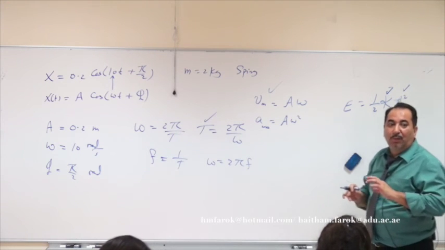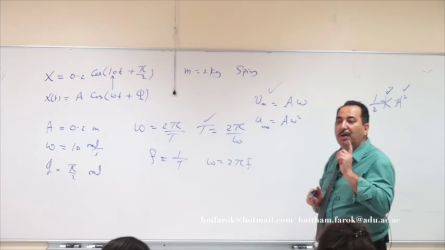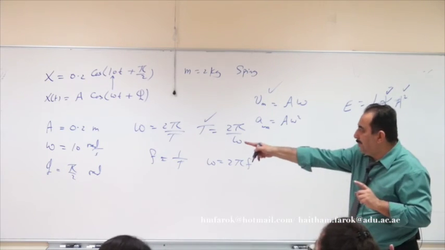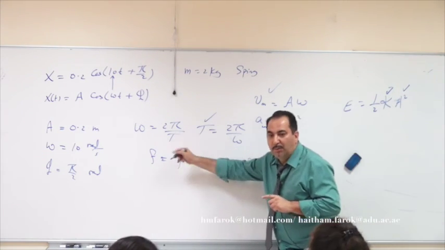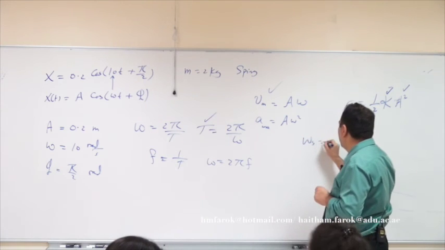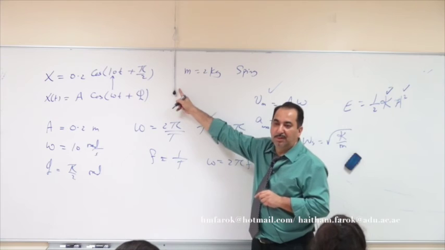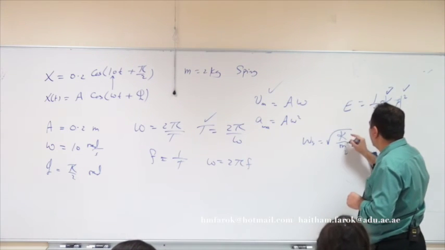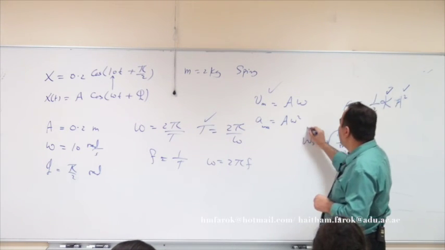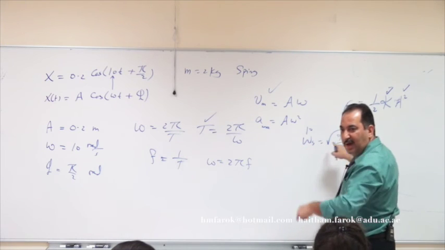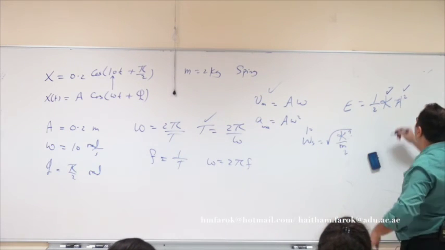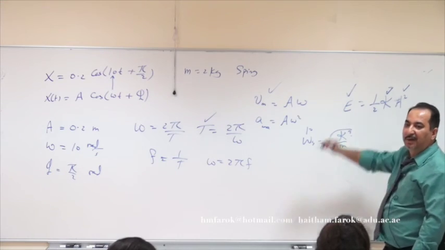Where do you find k? In the omega of a spring. This is omega general here. What is omega of a spring? Square root of k over m. Do you know the mass? Yes, 2. k is unknown, omega is 10. You square both sides, put k here, you find?